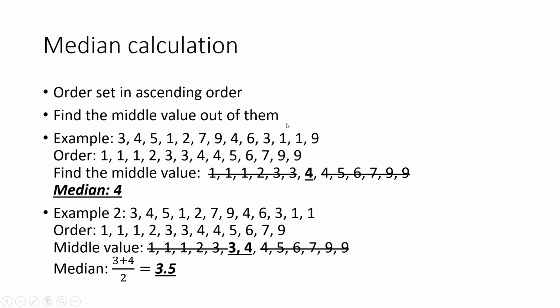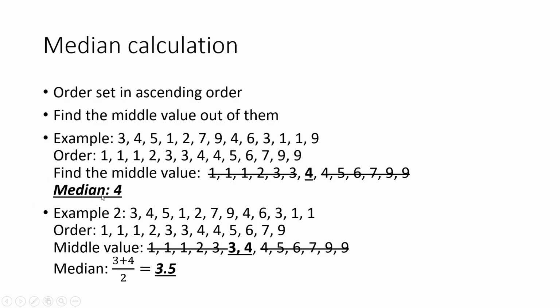We ordered it from lowest to highest, and then we counted them: 1, 2, 3, 4, 5, 6, 7, 8, 9, 10, 11, 12, 13. 13 divided by 2 is 6.5. Because 13 is an odd number, we don't have to find any averages. You just take 6.5 and round it up to 7. So you go 1, 2, 3, 4, 5, 6, 7. Your median is 4.